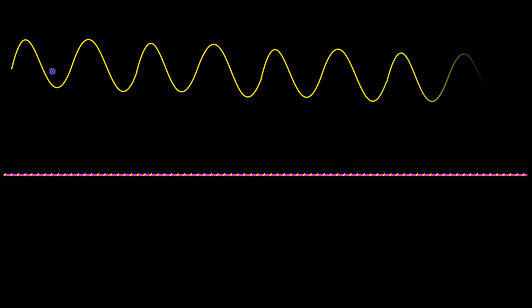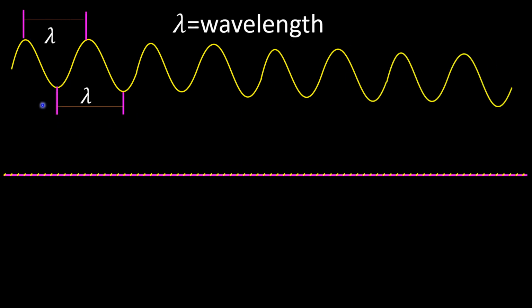Then what is the wavelength of a wave? Because this wavelength only will decide the color of the light. Okay, this is a wave. So in this, see here, these upper portions are called the crests, and the lower portions are called the troughs.